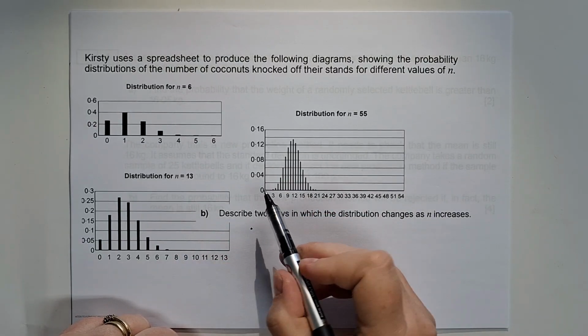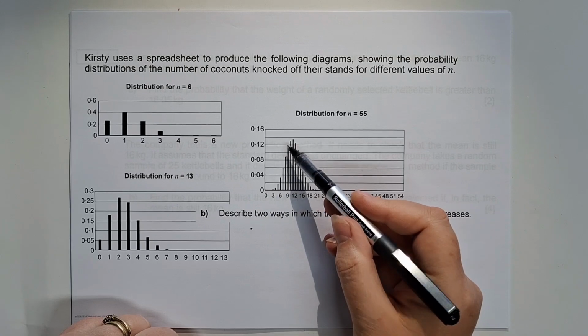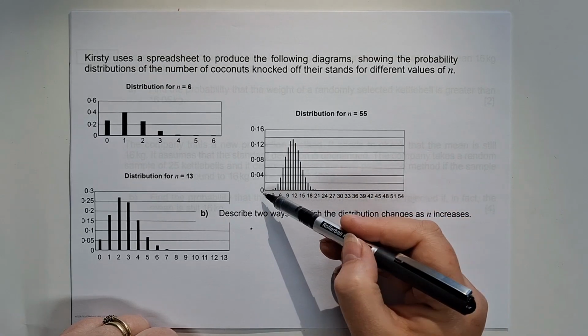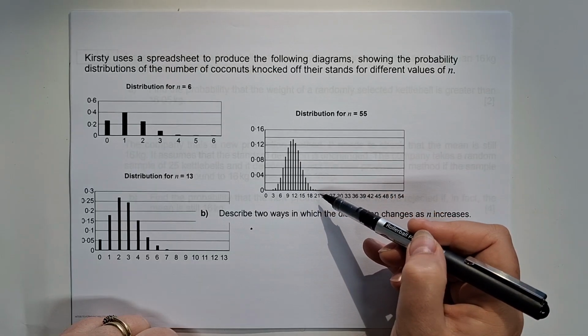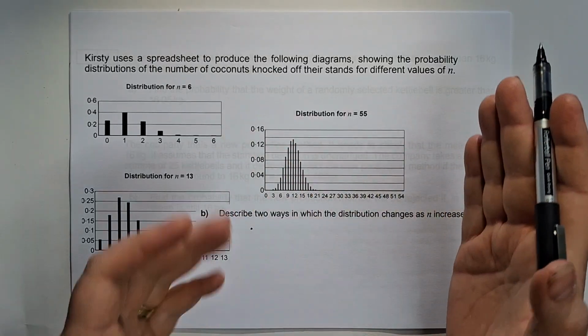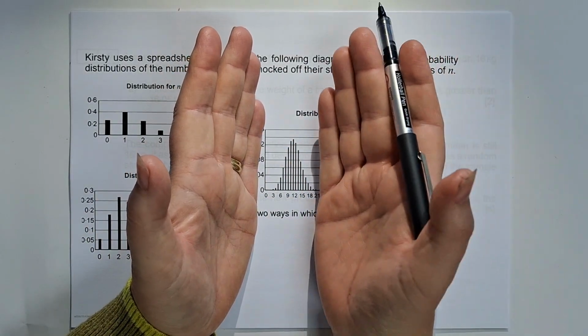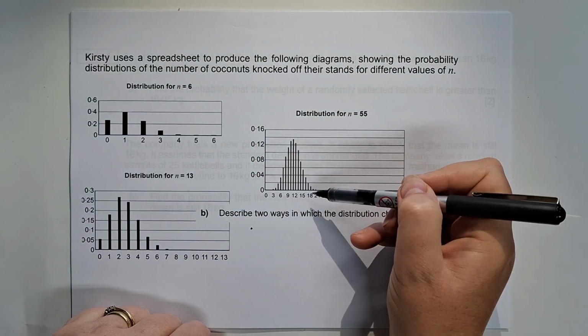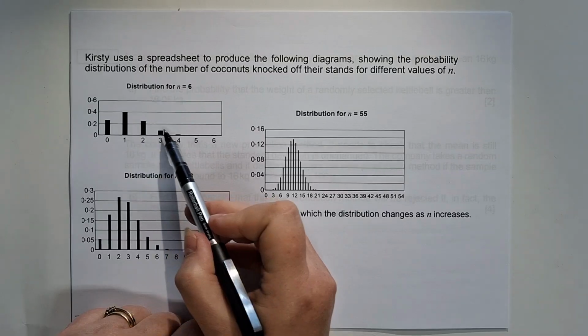As n increases, you get a shape that looks more like a normal distribution. And the feature of a normal distribution is it's symmetrical on either side. So even though it's not symmetrical in the whole width, if you just look at its individual shape there, it looks more symmetrical there than it did here.